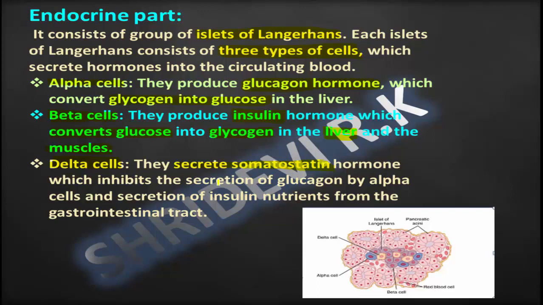somatostatin, which inhibits the secretion of glucagon by the alpha cells and the secretion of insulin nutrients from the gastrointestinal tract. What is the function of somatostatin? Somatostatin is secreted by the delta cells of the pancreas, belonging to the islets of Langerhans.